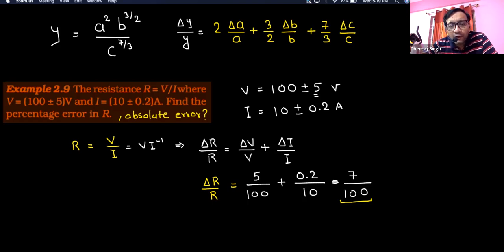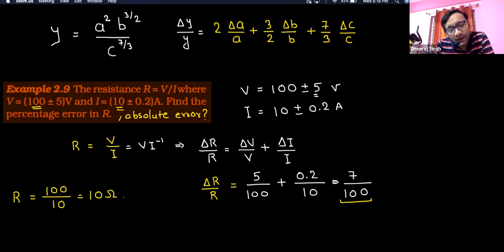Get the value of absolute error. What it is. What is the value of R? R is what? R is the ratio of the true values. 100 divided by 10. So 10 ohms.